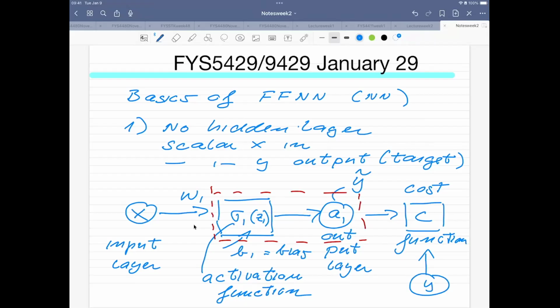Now, let's look at something simple here, because you could think of this weight and this b as a model you have made to fit the data, and this data could be represented by a first-order polynomial. Let me give you an example of what this activation function could be like.